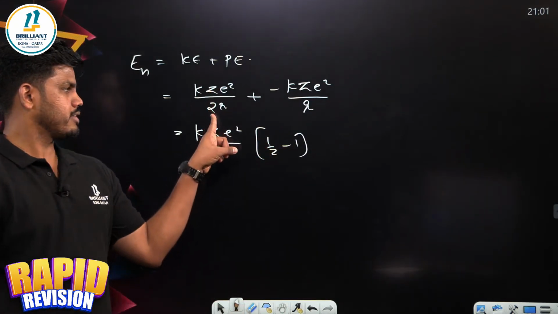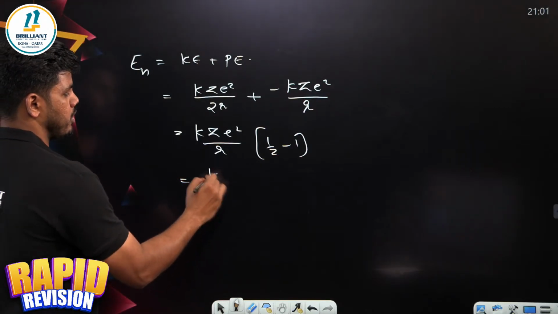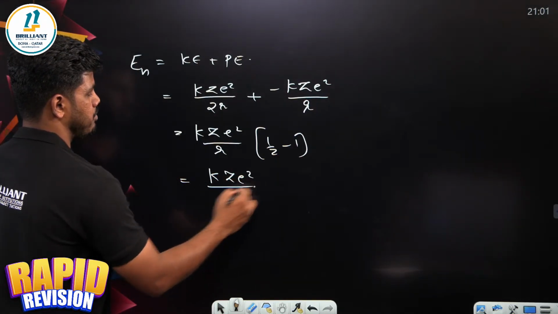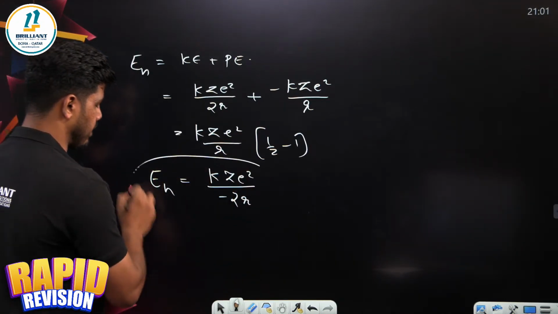Only 2 is in the denominator here, so 1 by 2 minus 1 is going to be minus 1 by 2. So K Z e square divided by minus 2R. This is the energy of the energy level.